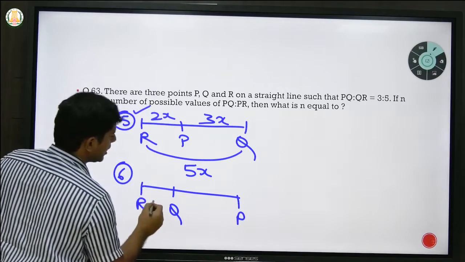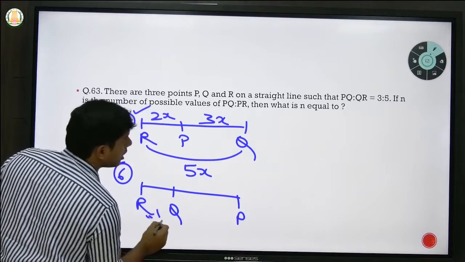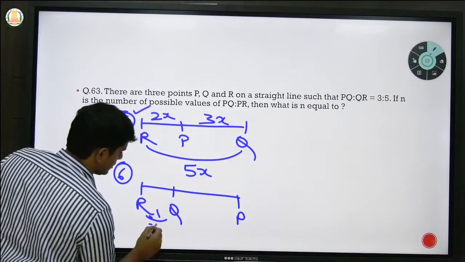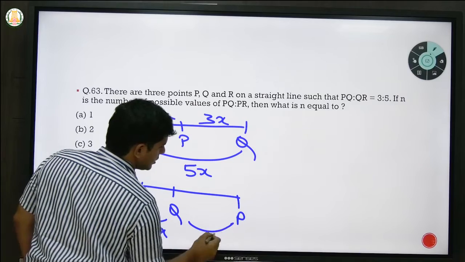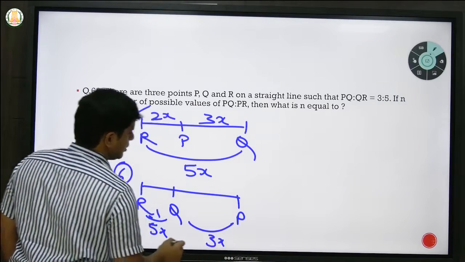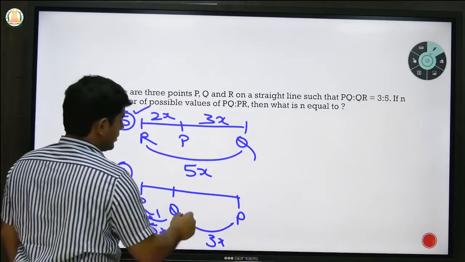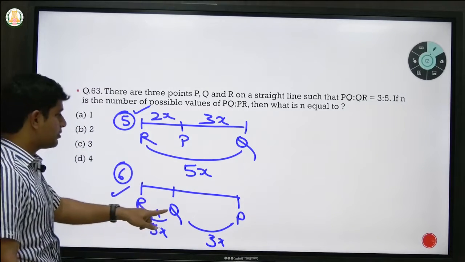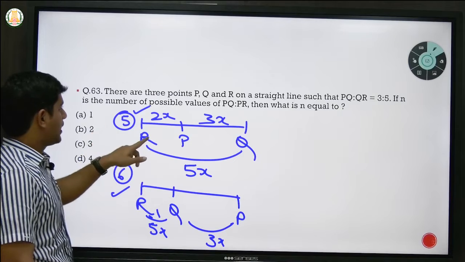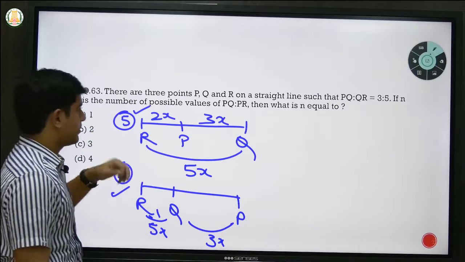Then you have the sixth case which says R is here, Q is here and P is here. Now QR is 5x and PQ is 3x. So here it's also possible, but if you can see, these are repetitive cases. This is equal to the first case that we have done, and this is also a case we have seen.